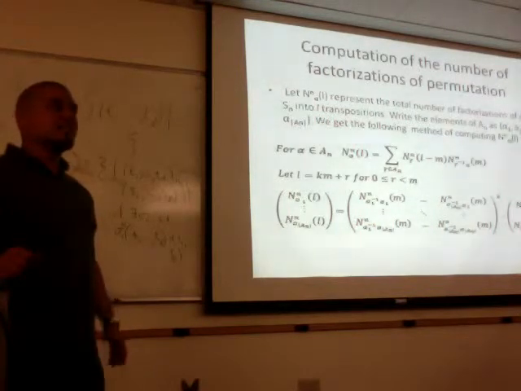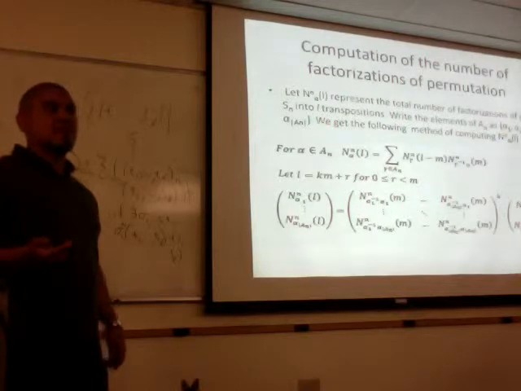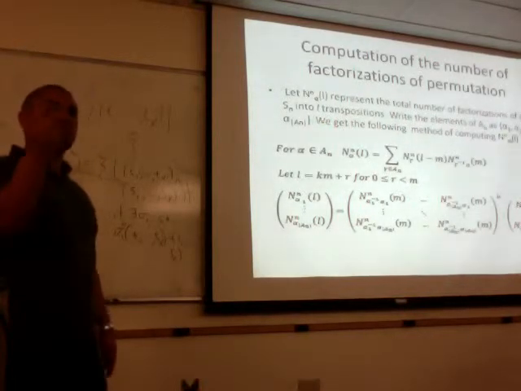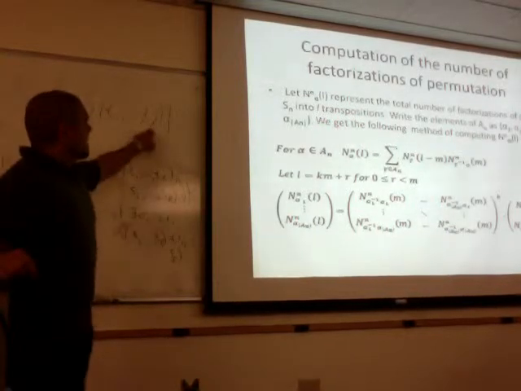It has to be even because the identity element can be written as the product of two transpositions, which is even. See? So clearly this is an even number.